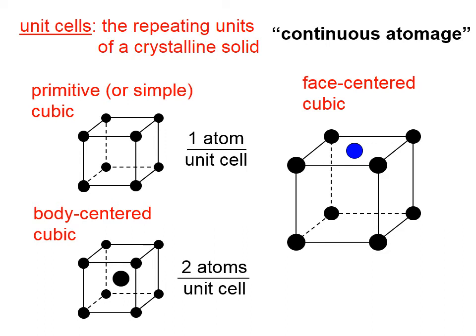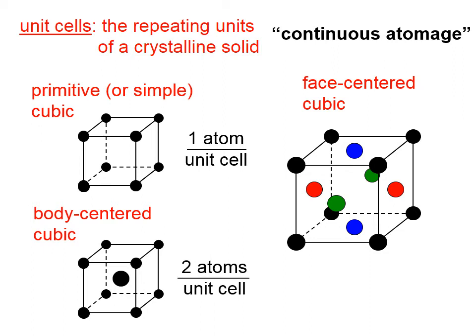So if I put an atom on the top face and another atom on the bottom face, I'm going to draw a line between those, and I'm just coloring them different colors so we can distinguish them. If we put another atom on the left face and another one on the right, and then we put another atom on the front face and one on the back face, we can connect them there. There is our face-centered cubic.